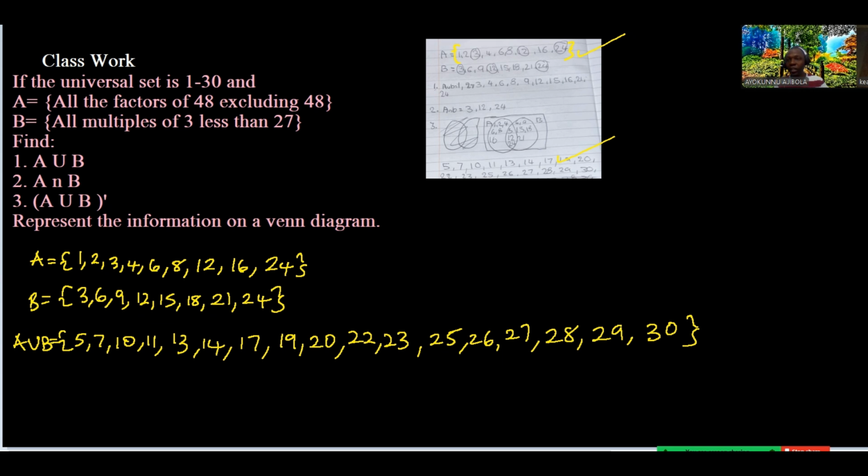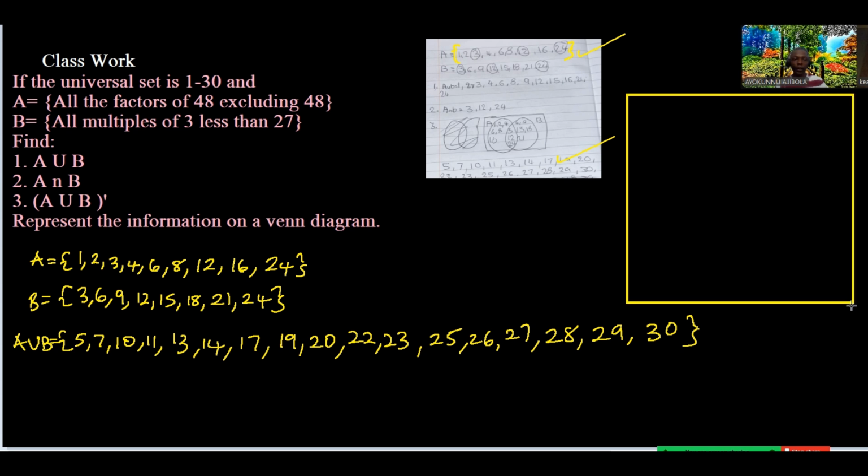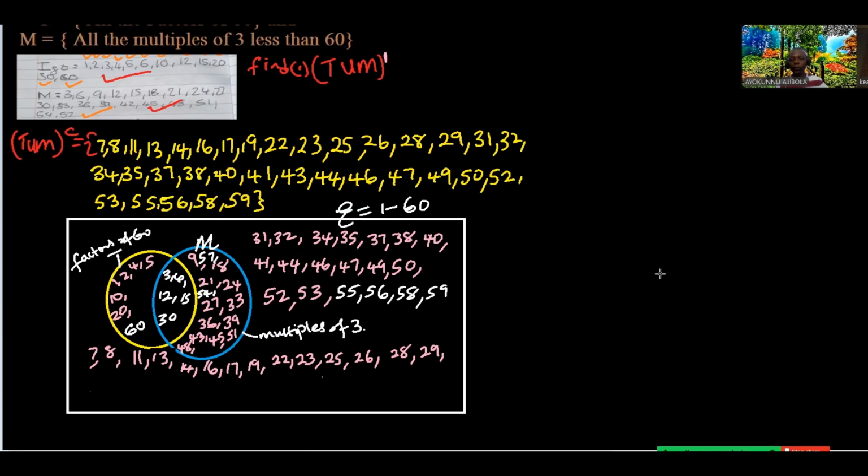Now, the only thing you did not do is that you did not include all those complements inside the Venn diagram. Apart from listing them out, you're supposed to put them in the Venn diagram, okay? Is that clear? If you remember, we did something like that at the top. Can you see that apart from listing them here, they were also in the Venn diagram?